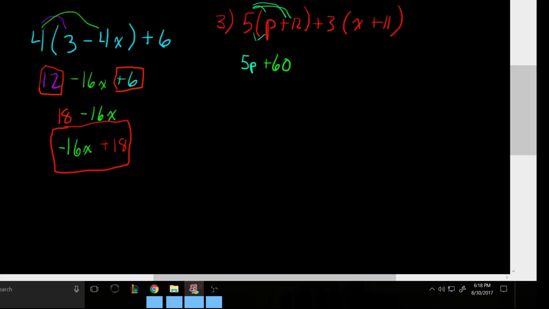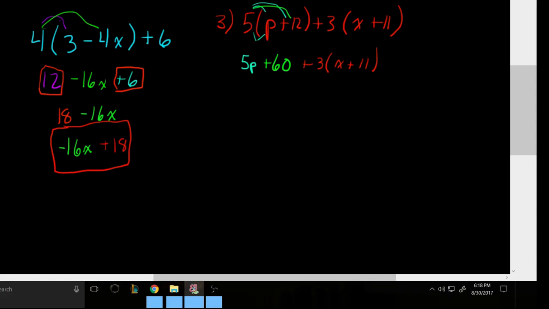And then I'm going to bring down everything else. In my class, we talked a little bit about distributing this both sides right away. And remember that I mentioned that you could do that, but it's best to keep yourself organized by doing just one at a time.